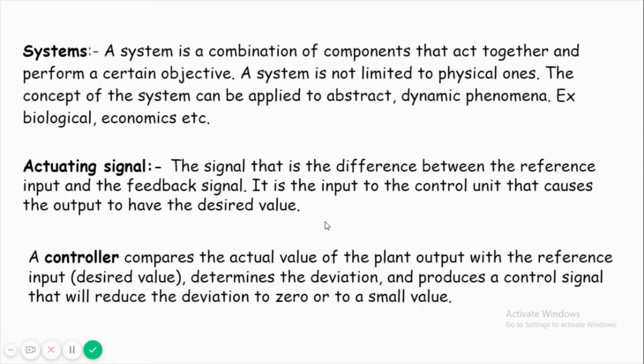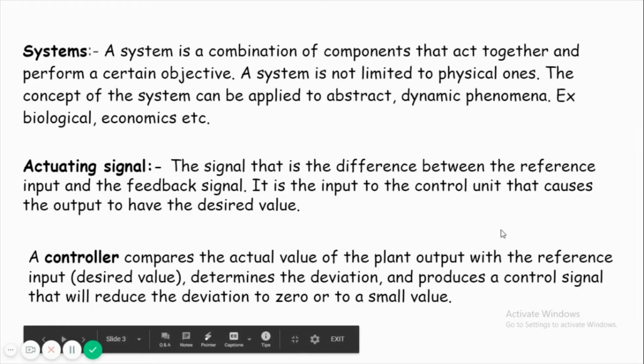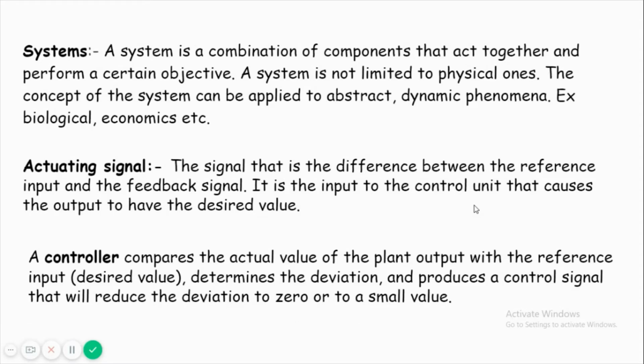So here we can see this actuating signal is given to the controller, and the controller produces a control signal which again is used to decrease the error to zero or some small value.